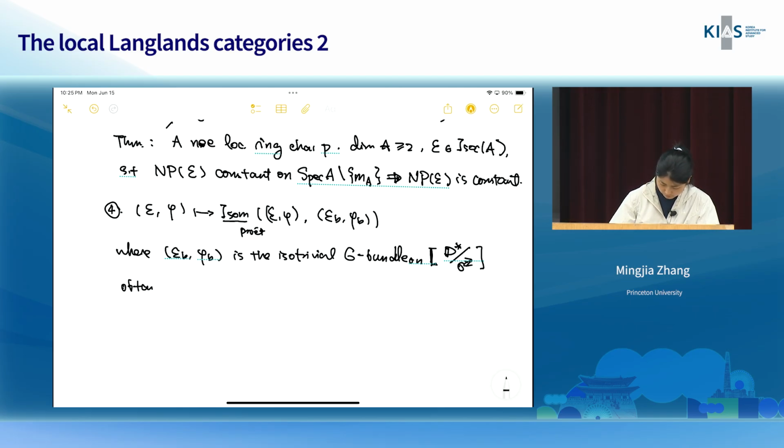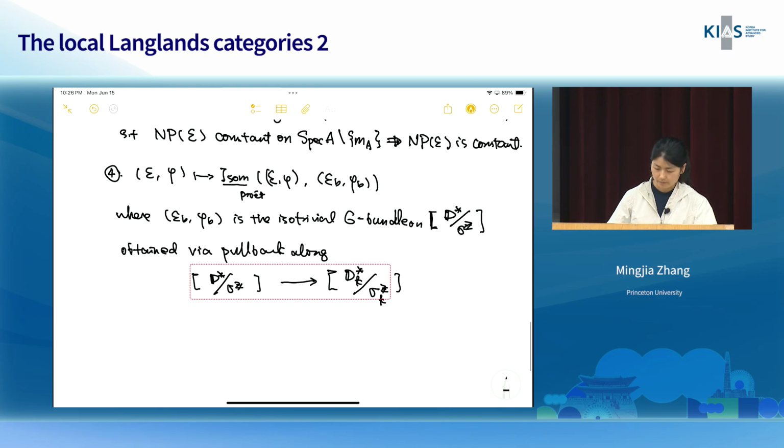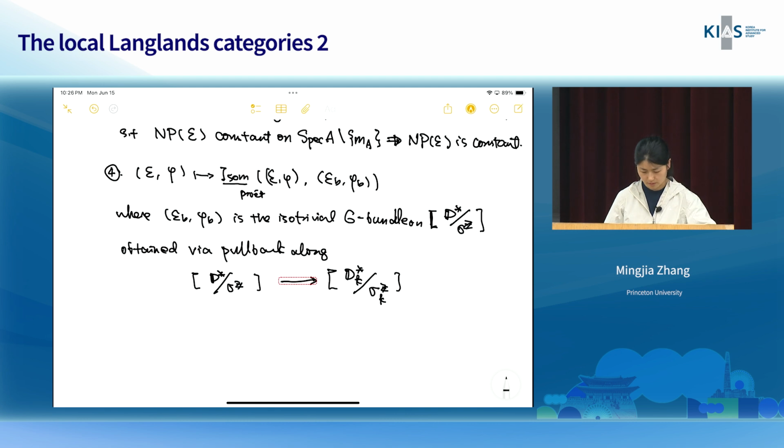So it is obtained by pullback along the map from D* quotient Z to D* over K. We recall that K is F_p-bar, so this is the reason why I have to restrict to F_p-bar algebras, so that plugging in every R, there is a map like this.